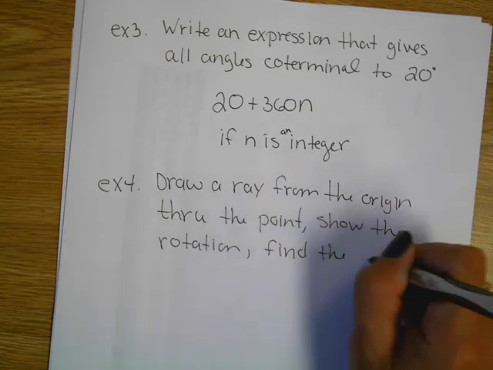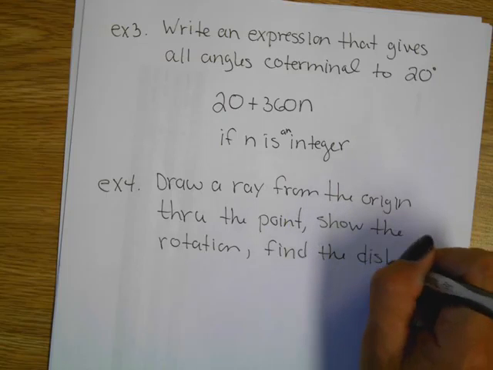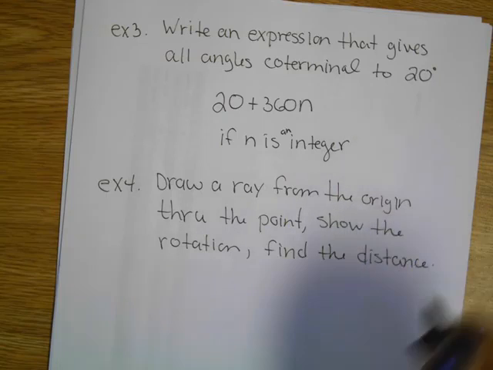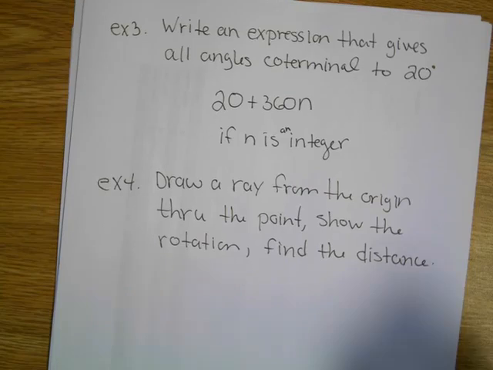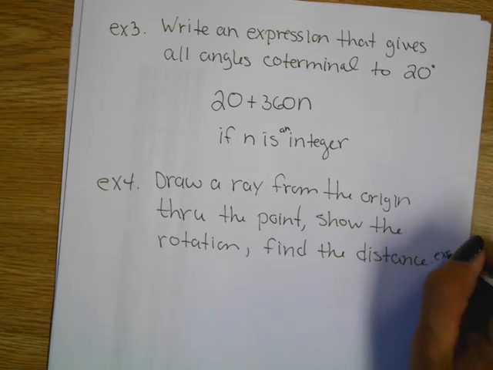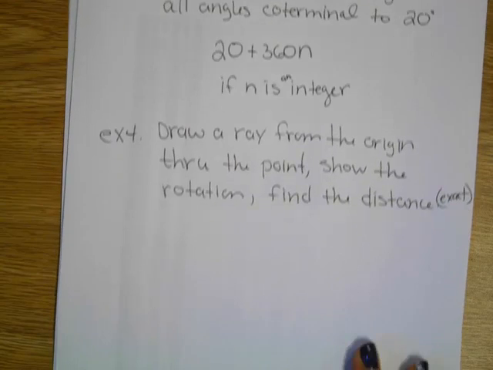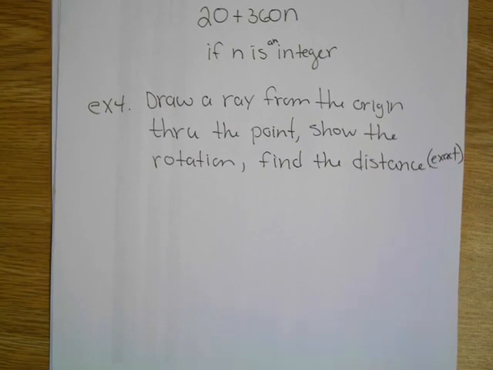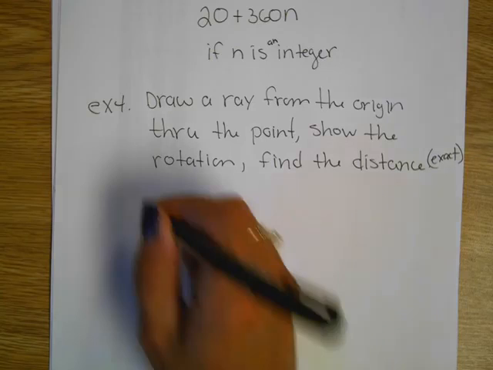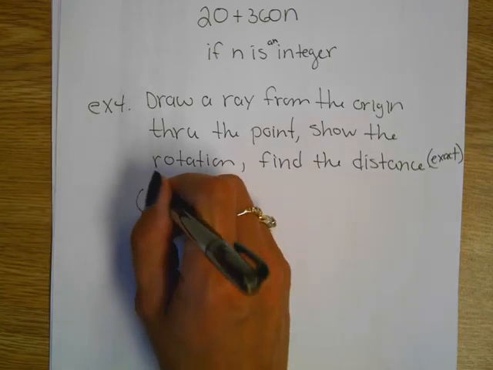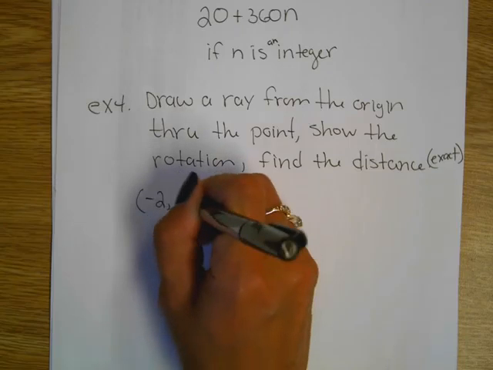Find the distance as an exact value. This one comes out exact, but I want you to do exact in the homework, because I believe that's what you're going to find in the back. Alright, and our point we're going to pass through is -2, 2 square root of 3.